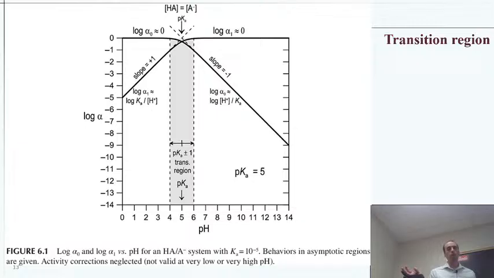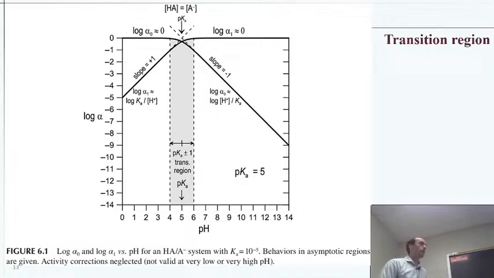So here's another graph. It's very much what I was sketching out, but it's all written there nicely. It even tells us this pKa plus or minus 1. That's the transition zone where the interesting things are happening and where we can't really make the assumptions that alpha 0 is 1 or alpha 1 is 1. The other thing we can notice is the slope of these log alpha lines is either 1 or minus 1.